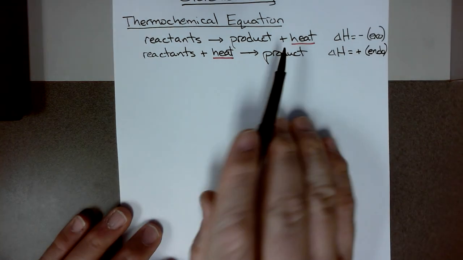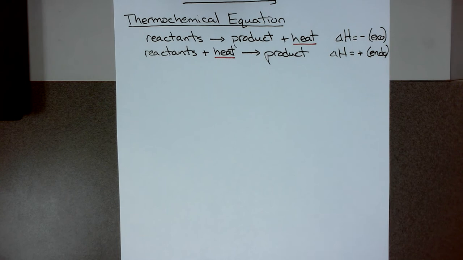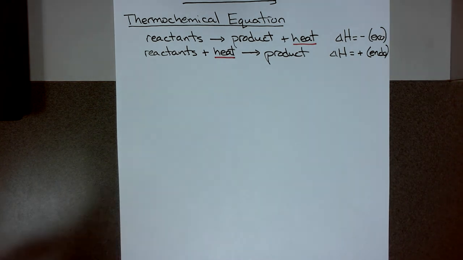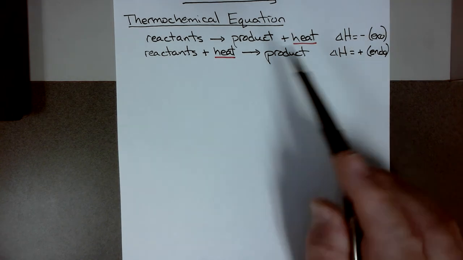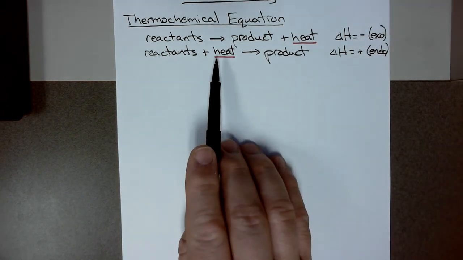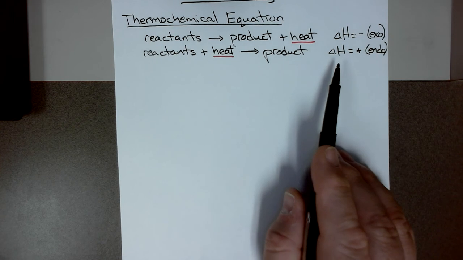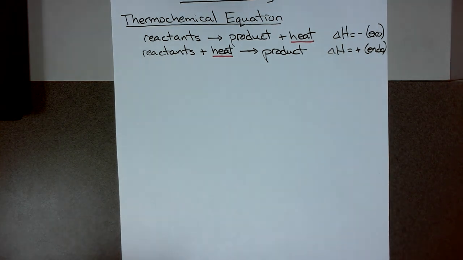So if the heat value is written on the product side, it's an exothermic reaction and delta H is negative. If the heat value is written on the reactant side, delta H is positive and it's endothermic.